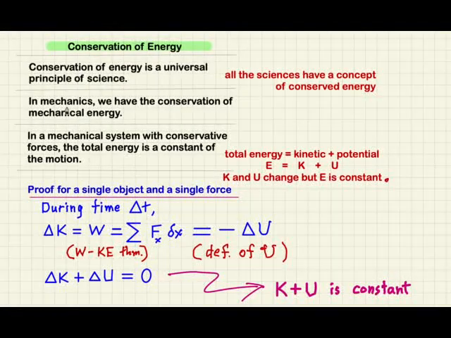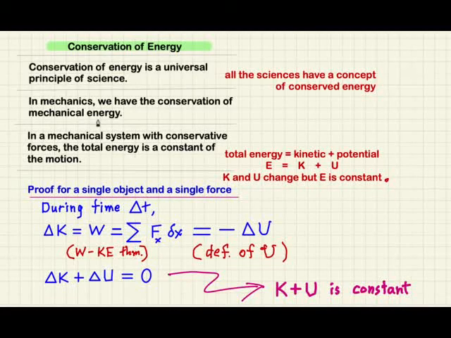In Physics 231, we're studying mechanics, a particular part of science. In mechanics, we have the conservation of mechanical energy. In mechanics, there are two kinds of energy. There's kinetic energy and potential energy.